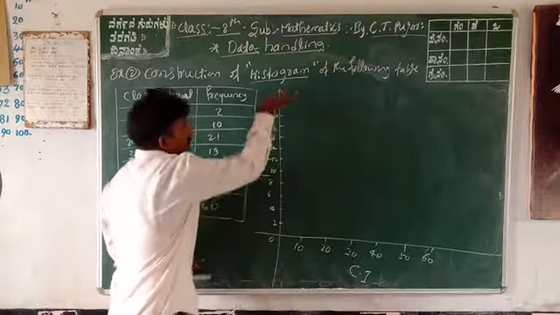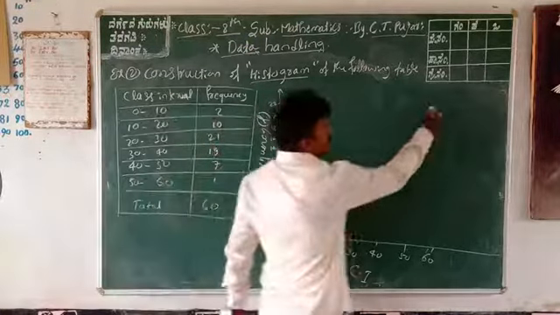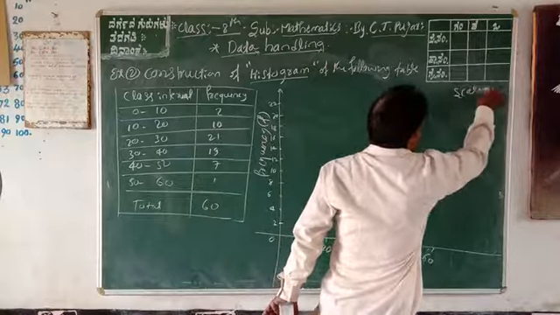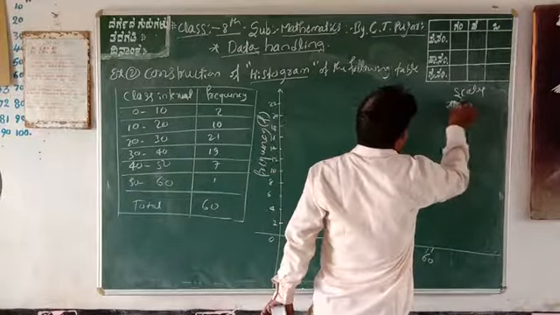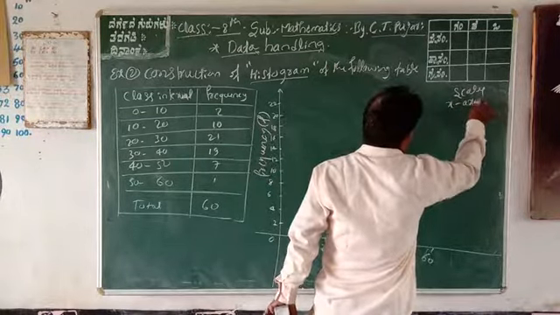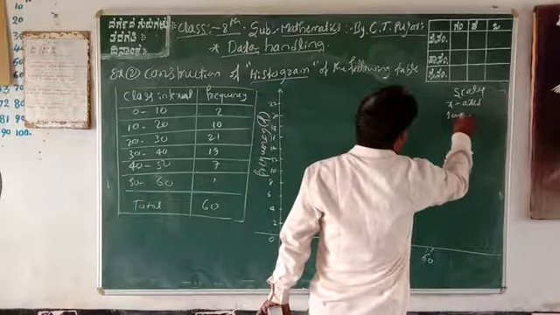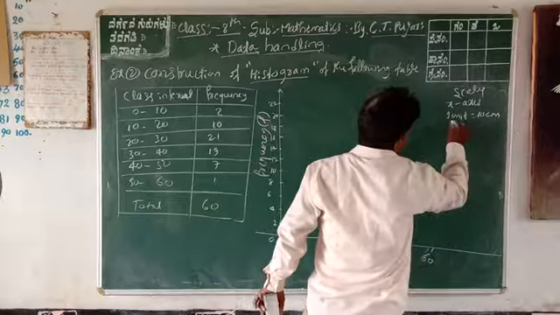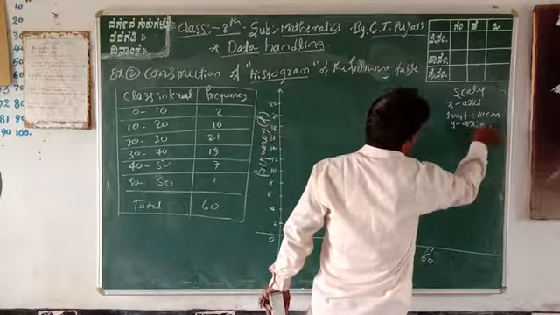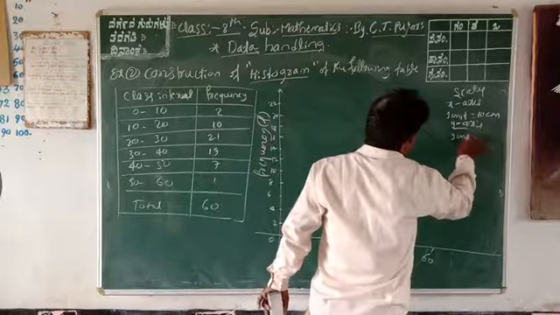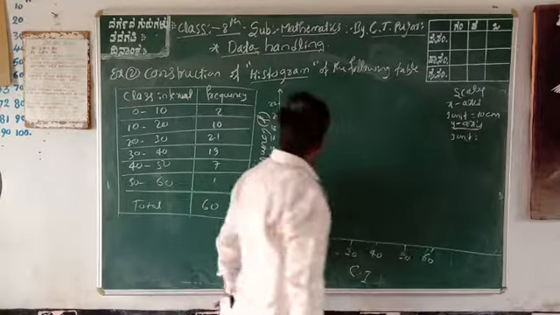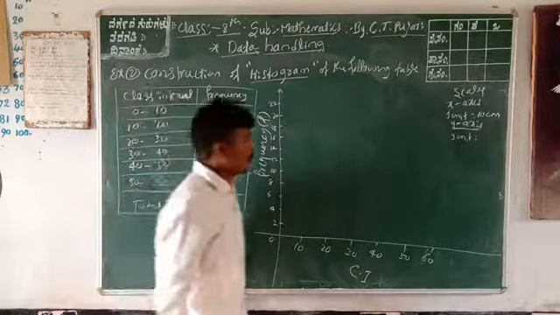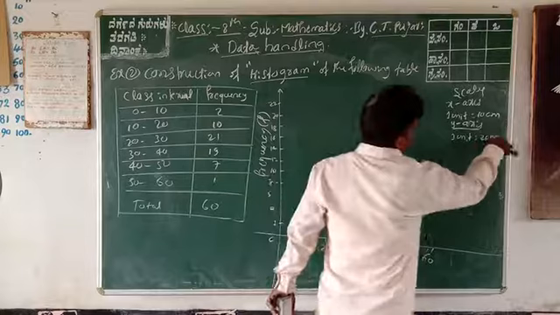Scale on the x-axis: 1 unit is equal to 10 centimeter. On the y-axis, 1 unit is equal to 2 centimeter.